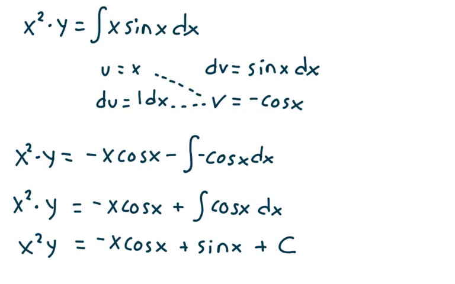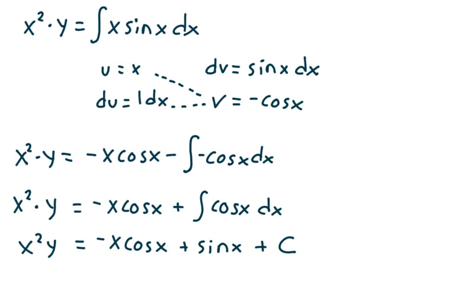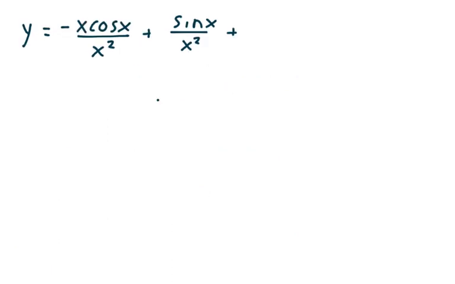Okay? And then all I have to do is solve for y. So y is, let's remind ourselves, negative x cosine x over x squared, plus sine of x over x squared, plus c over x squared.